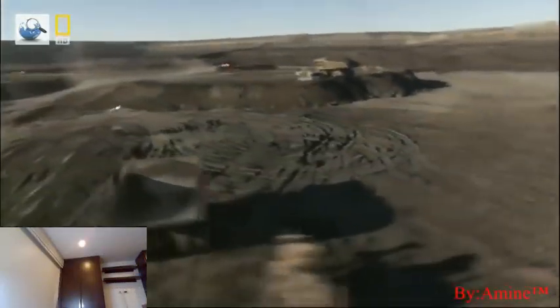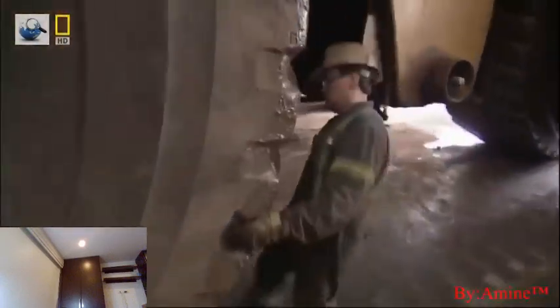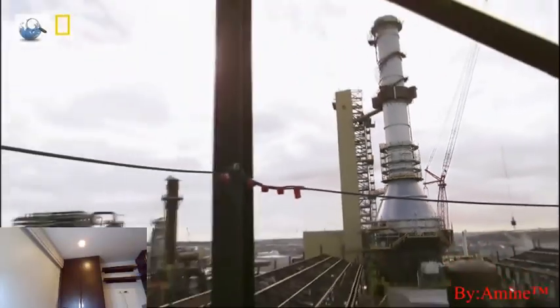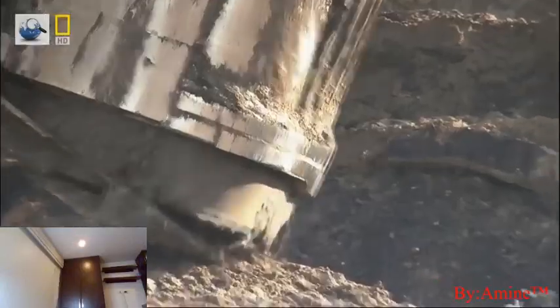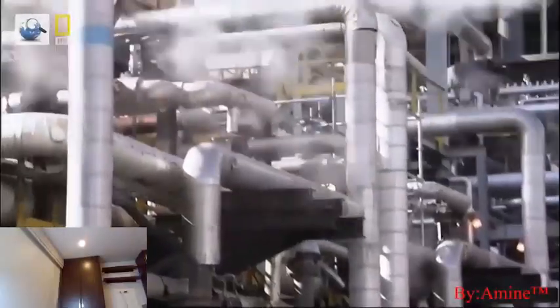It's a massive undertaking that requires a parade of mega machines and mega structures that scoop, haul, extract, and refine.